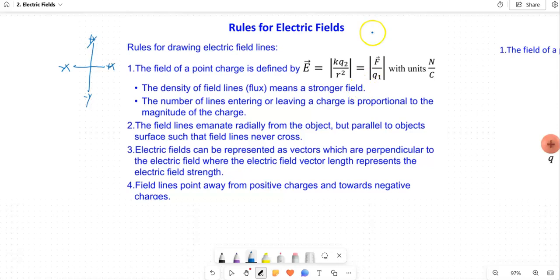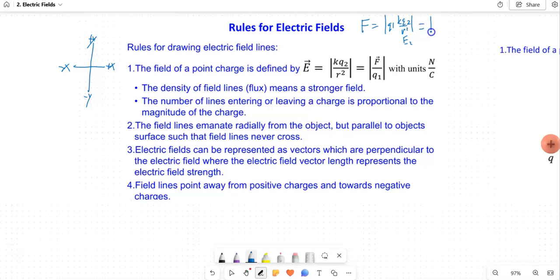Incidentally, if we did have a force equation written like this, Q1 K Q2 all over R squared, where this is the electric field right there.